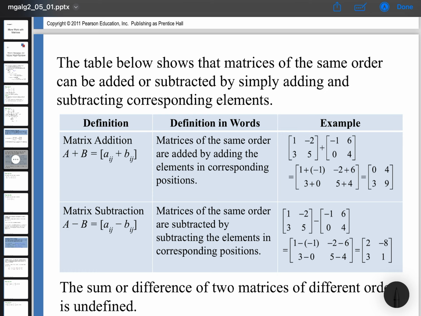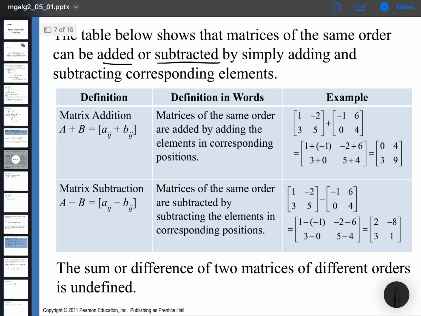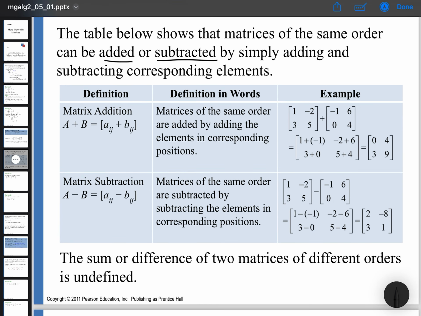All right, the table below shows that matrices of the same order can be added or subtracted just by adding or subtracting corresponding elements. So over here, they're adding matrix A and matrix B. We have to make sure they're of the same order. If they're not of the same order, I cannot add them.